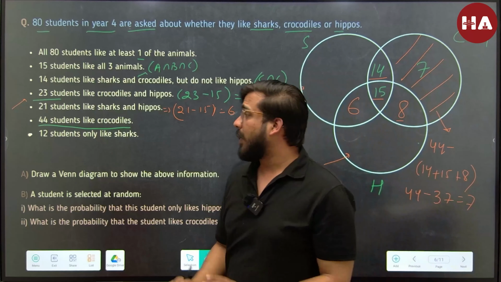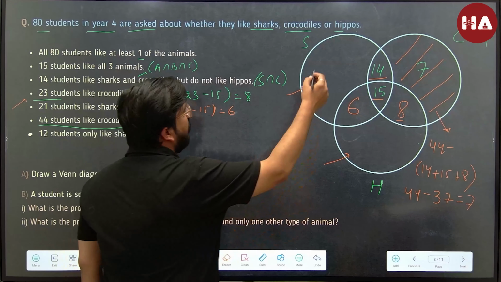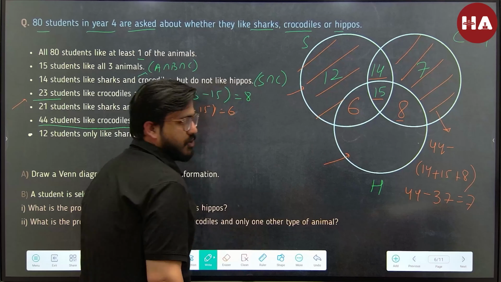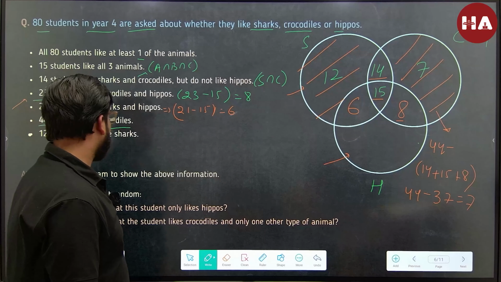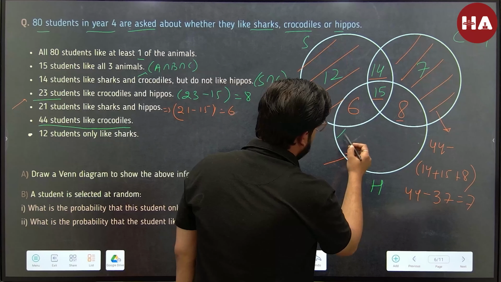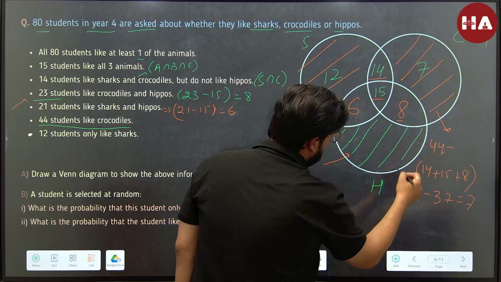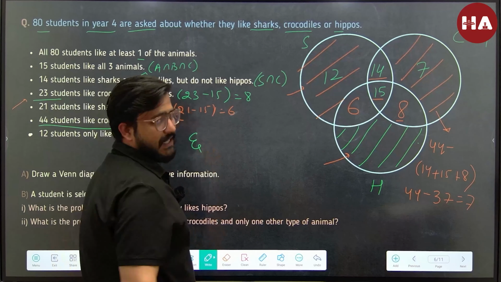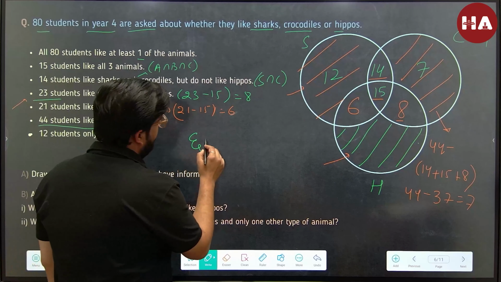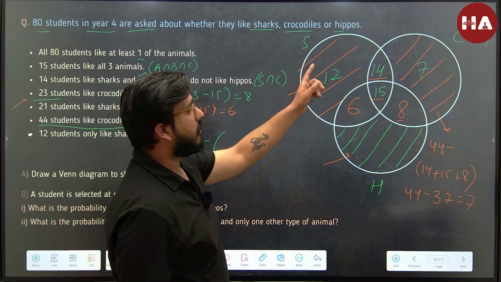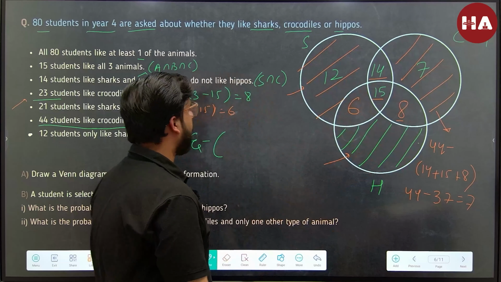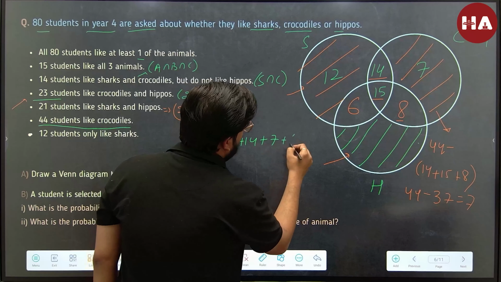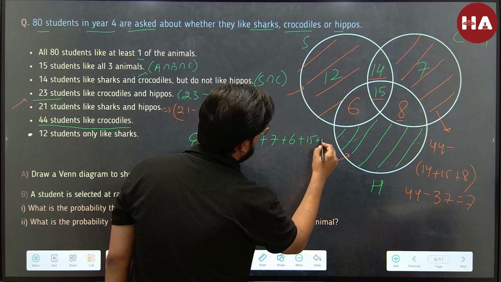12 students only like sharks. This area has already been given a number, so it is 12. Now I have to find this area, the students who like only hippos. Simply write the universal set number minus the numbers in the other parts: 12 plus 14 plus 7 plus 6 plus 15 plus 8.